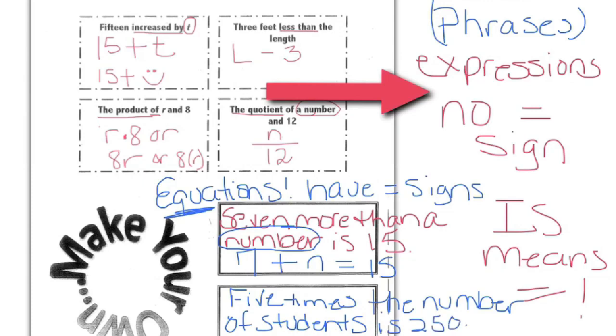Let's go ahead and circle what is our variable or what we don't know. That would mean the number of students, that's our unknown. And then it says 5 times the number of students is 250. So write it just like it sounds. 5 times, let's call that S for students. 5S equals 250. And that's as simple as that.